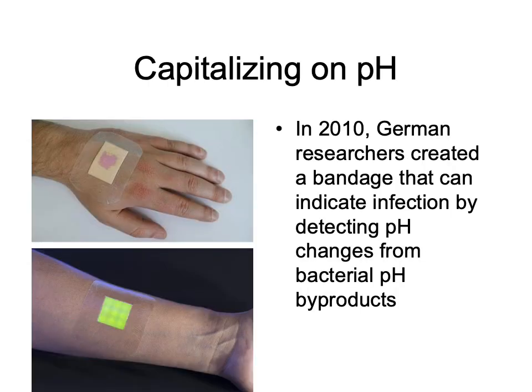In this really cool study that I read several years ago, they were integrating pH detection in bandages. And I think this is so brilliant because a lot of times you're not aware that you have an infection until it's really bad.